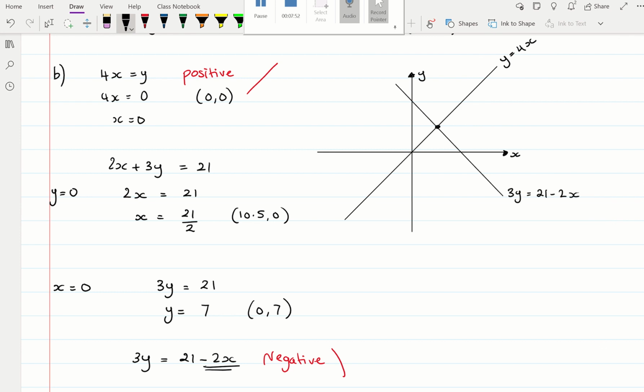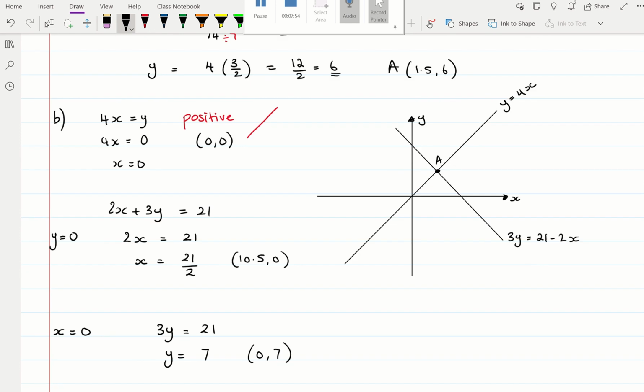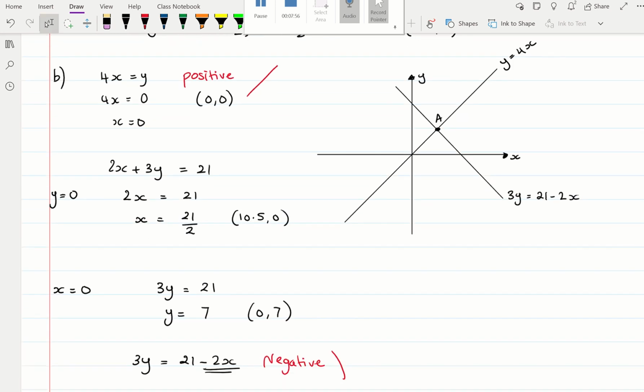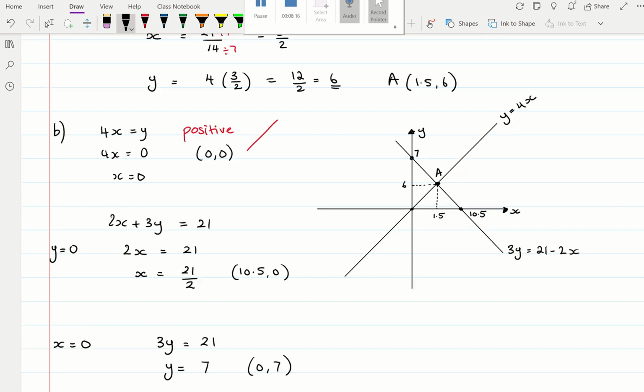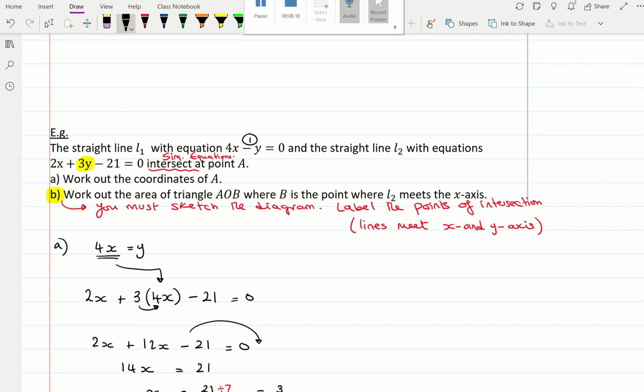This is the point A, and we've established that A is 1.5, 6, so this is 7. This is 10.5. This here is 1.5, and there is 6. And I want the triangle where B is the point where the line meets.